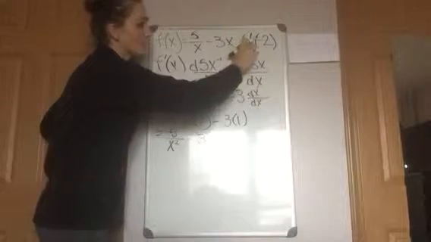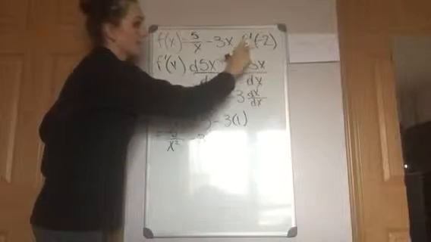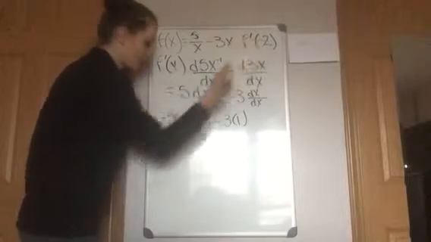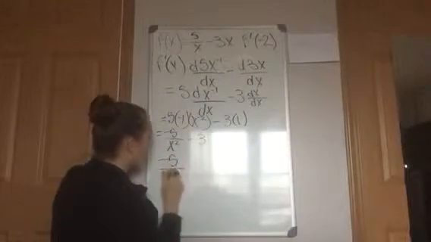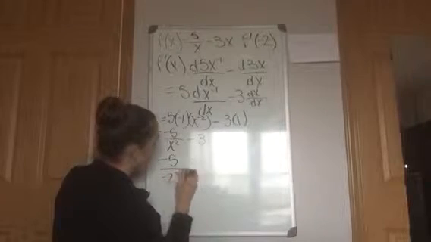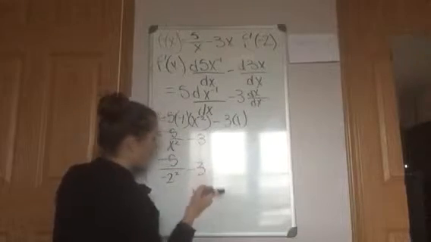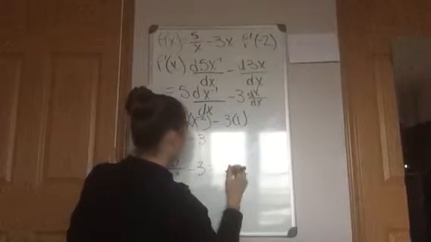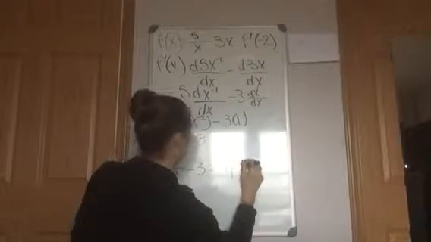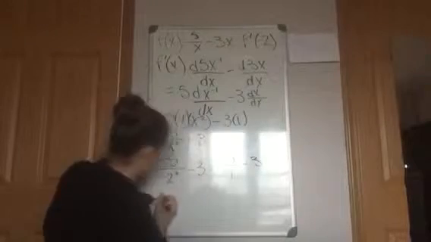And we want to find the derivative of f at -2. So we have -5 over (-2) squared minus 3, which equals -5 over 4 minus 3.